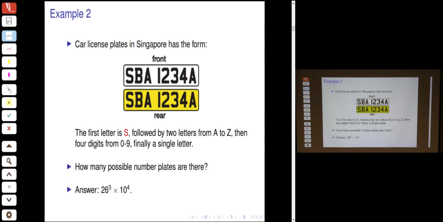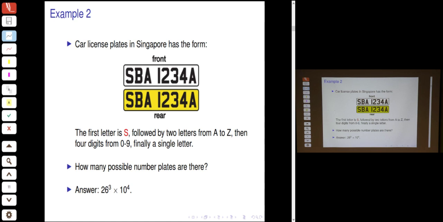So the answer is this. Why? Because for the first position there's no choice. There's one choice. Now for the second position you have 26 because you have 26 letters, and for the third position you have another 26. The last position also has 26.